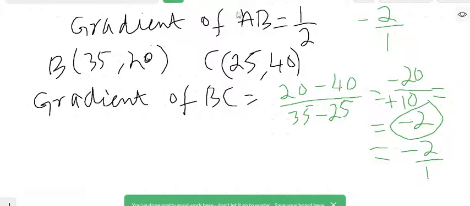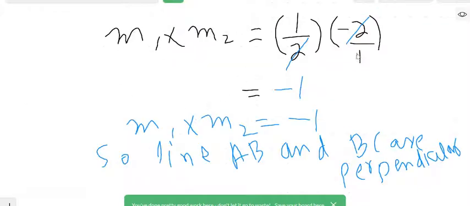This proves that line AB and BC are perpendicular. The second way is that you should multiply both the gradients. If the answer is -1, it also proves that line AB and line BC are perpendicular.